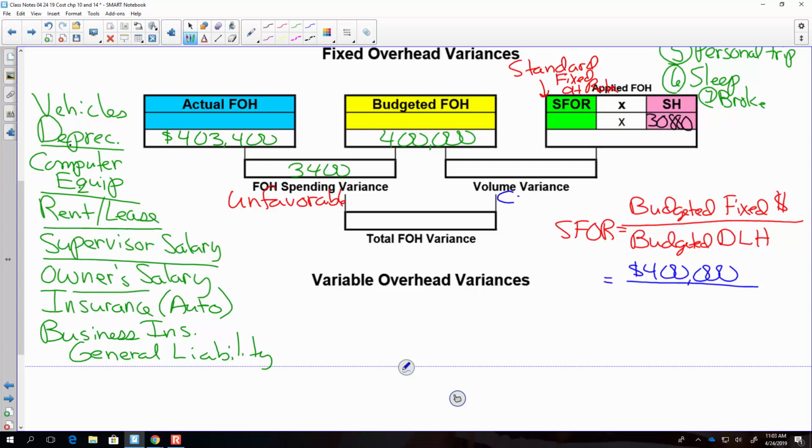Remember, volume is a capacity measurement. So the practical capacity was 32,000 direct labor hours. So if I take 400 divided by 32, Ruby, you have it? 12.5. 12 and a half? Yes.